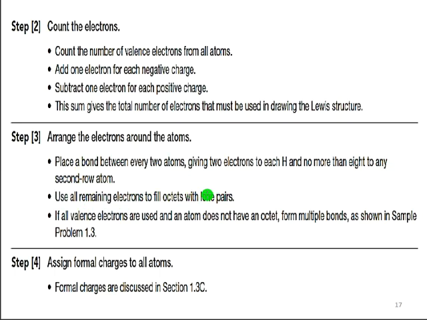Okay, that means you have to put the shape of electrons. If all valence electrons are used and an atom doesn't have an octet, that means if you draw all the bonds between the atoms and you see there are excess electrons remaining, you have to think about a double bond and a triple bond. We will take examples in the next slides.